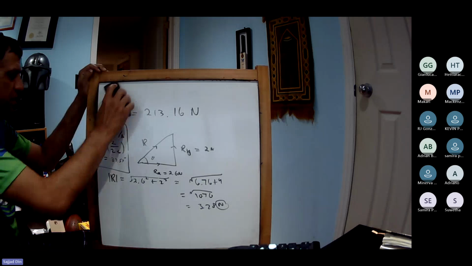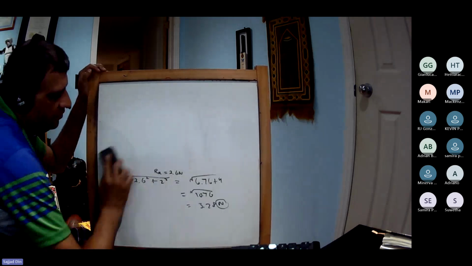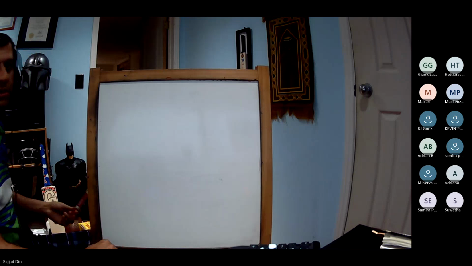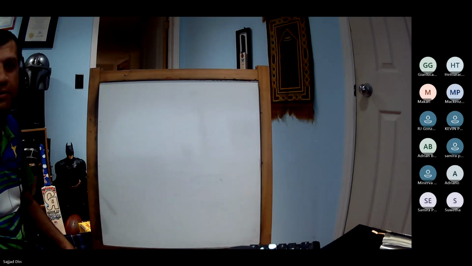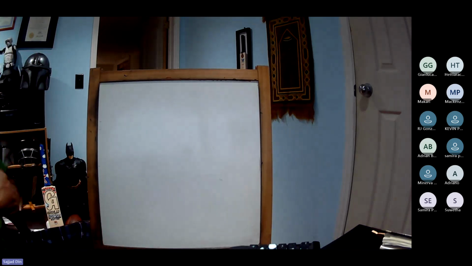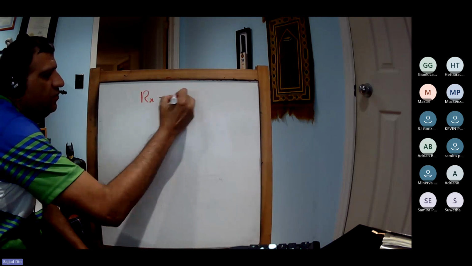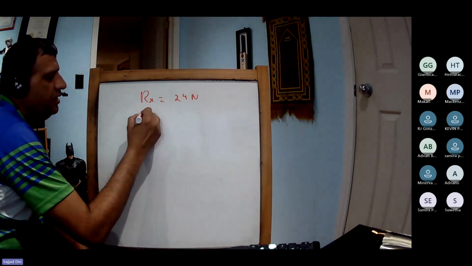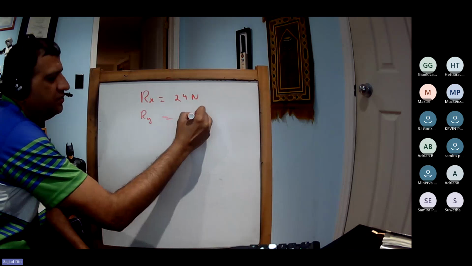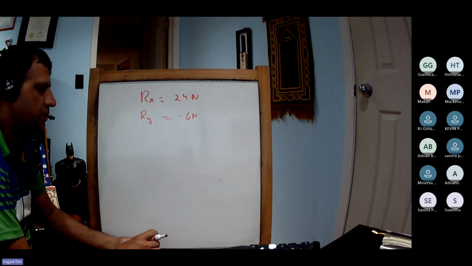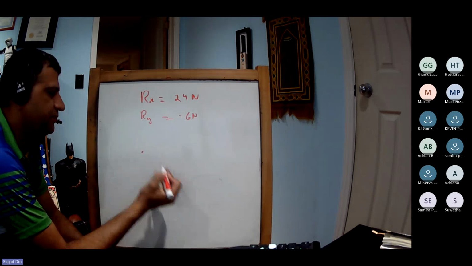Okay, so yeah, you do have to draw a sketch. It doesn't have to be completely accurate, but you should draw a sketch. Let's say your Rx is 24 newtons and your Ry is minus 6 newtons. How will you know how to draw it? Well, let's say this is your origin.